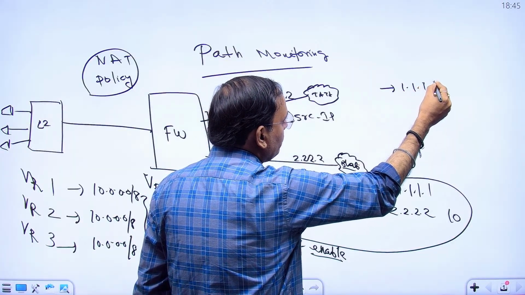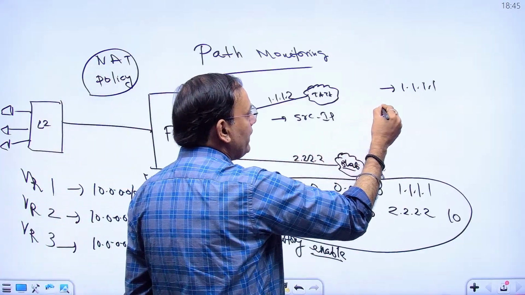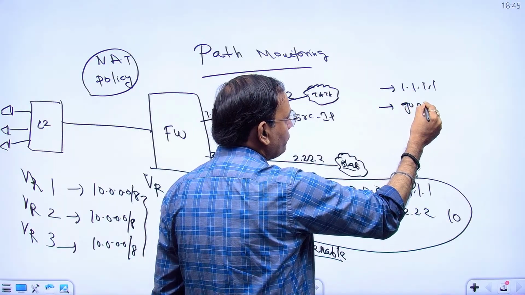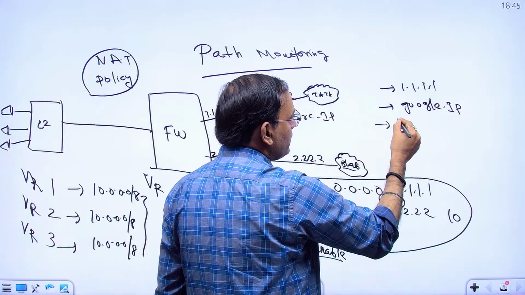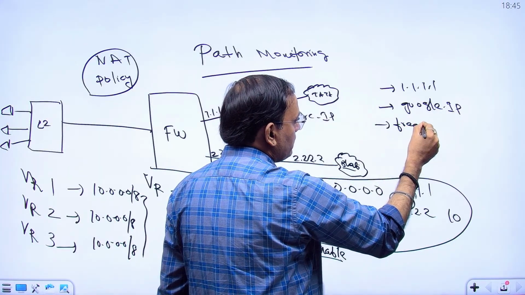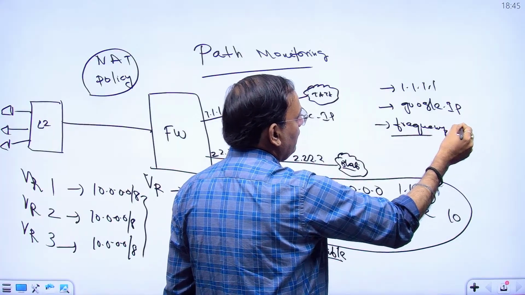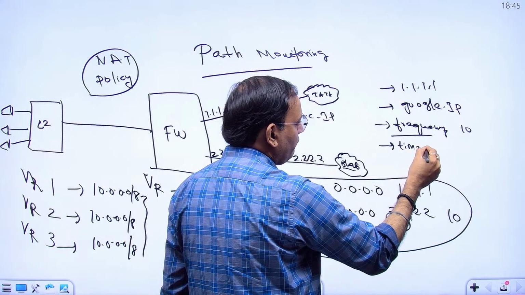Then it will ask you for your destination IP, right? The destination IP can be anything, your next hop as well, even your Google IP. And then it will ask you for the frequency, meaning every how many seconds I will ping this, let's say 10 seconds. It will also ask you for a timeout, which you have to define here on the firewall.